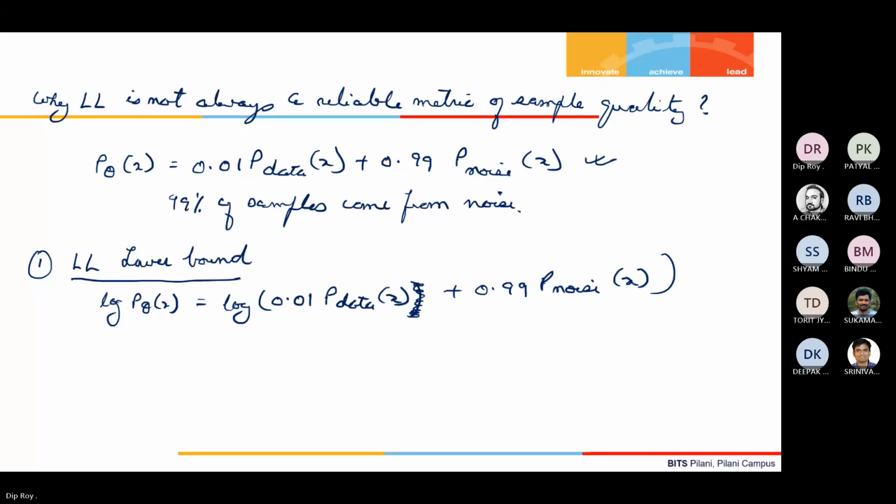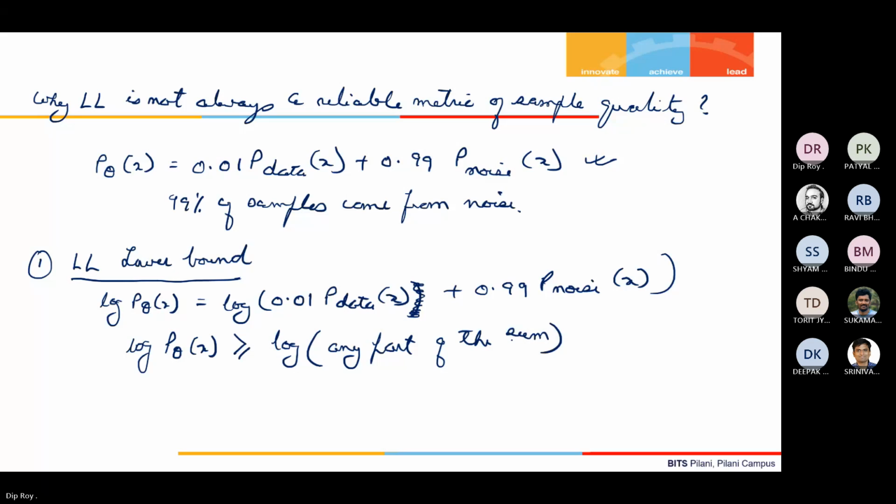All right. From this, because log is increasing and monotonic, we can easily say that log of p theta x will always be greater than the log of any part of the sum.